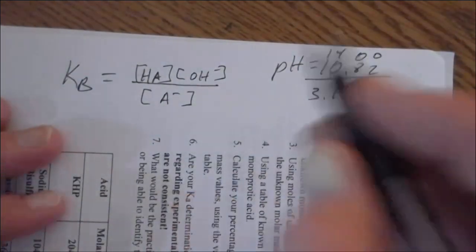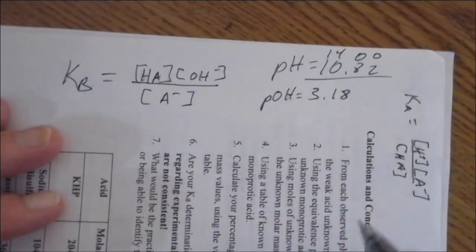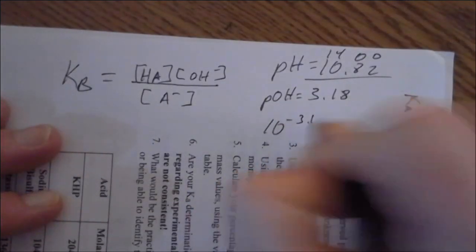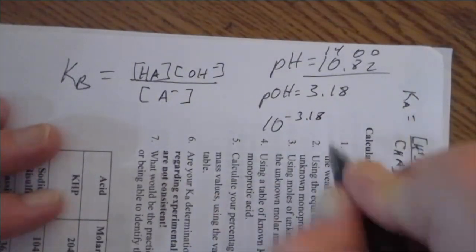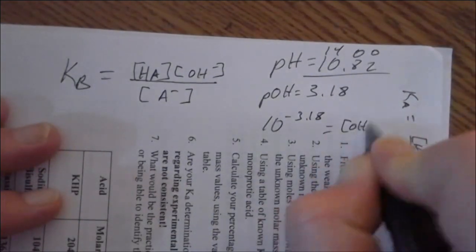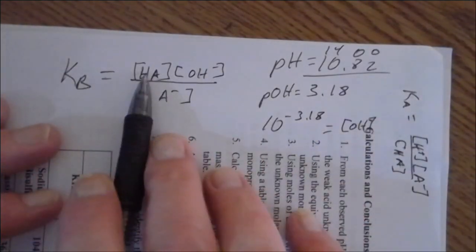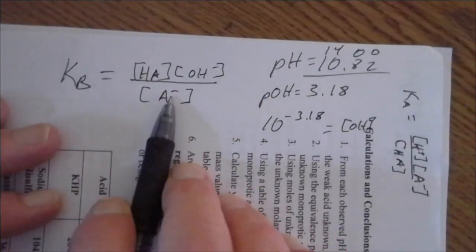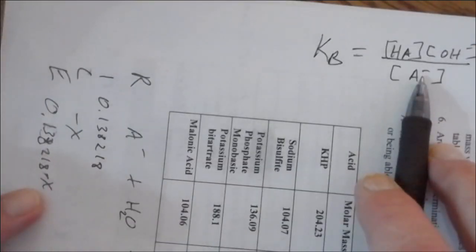So this is the pOH. Now what do we do to find that hydroxide ion concentration? 10 to the negative, right? The antilog of that will equal the hydroxide ion concentration, which is also equal to what? And then this is what we have minus that, yes?